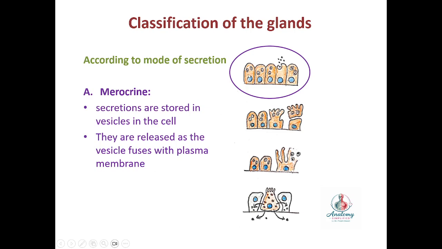In the first picture, you can see all cells are filled with secretions in vesicles, and the vesicle membrane will fuse with the plasma membrane of the cell, and then that part will be broken down, and the secretions are given out. You can say it is a kind of exocytosis.